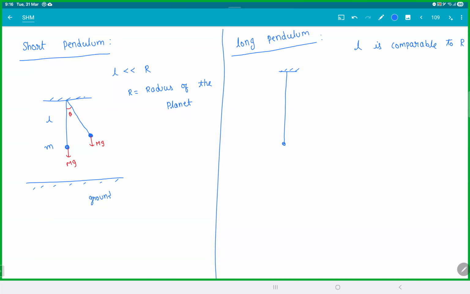So we have a long pendulum here, and the planet looks like this now. You're getting it? So that's your planet there, and that's a very long pendulum there. We are still assuming it is pretty close to the surface, okay? L is comparable to R and the particle is very close to the surface. So the g is still constant.